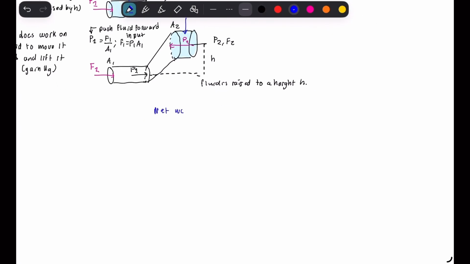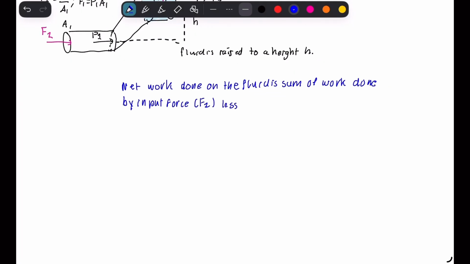So our net work done on the fluid is the sum of work done by the input force F1 less, or minus, the work done by the resisting force, which is F2 in the figure.